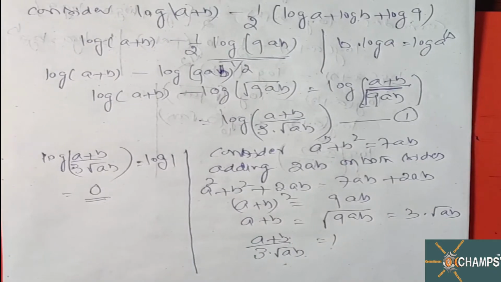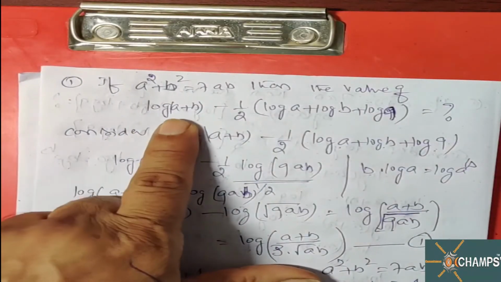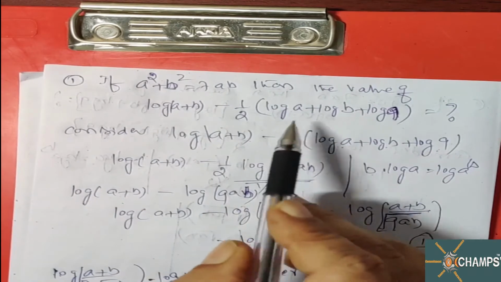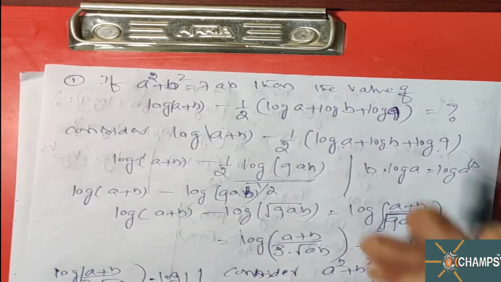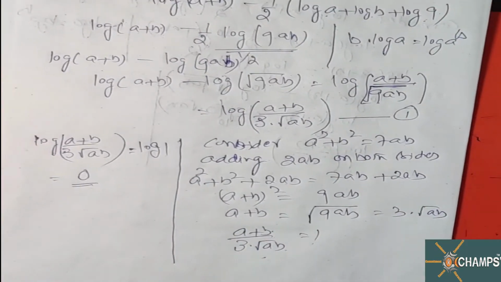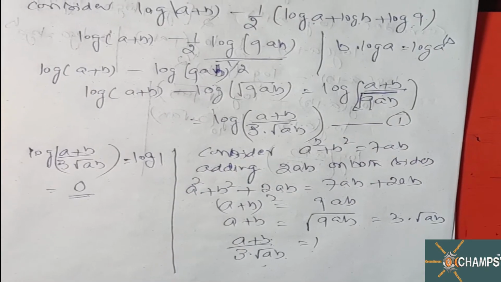That is, log of a plus b minus 1 by 2 into log a plus log b plus log 9, its value is equal to 0. Okay, sir, this is the answer to this question.